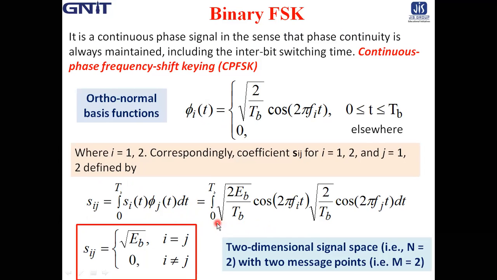Now just putting the value of s_i(t) and phi_j(t), it becomes integral 0 to T_b of square root of 2E_b by T_b cos 2 pi f_i t into square root of 2 by T_b cos 2 pi f_j t dt. So s_ij equal to square root of E_b when i equal to j, and when i not equal to j, it is 0.